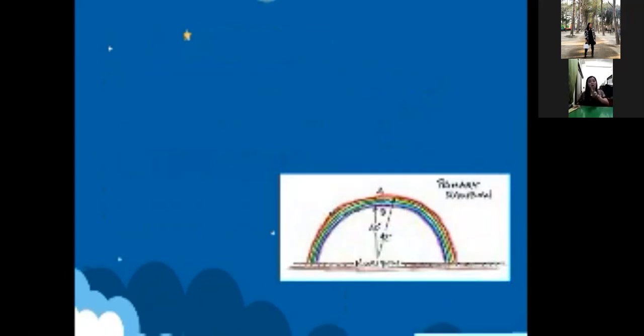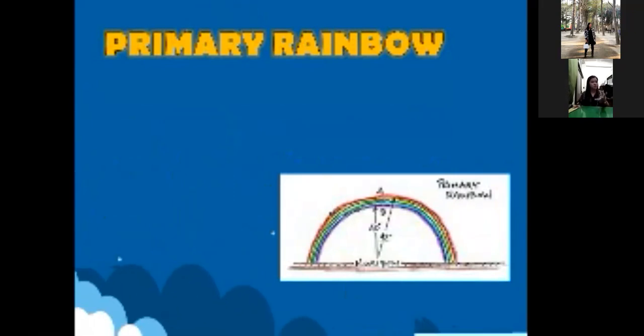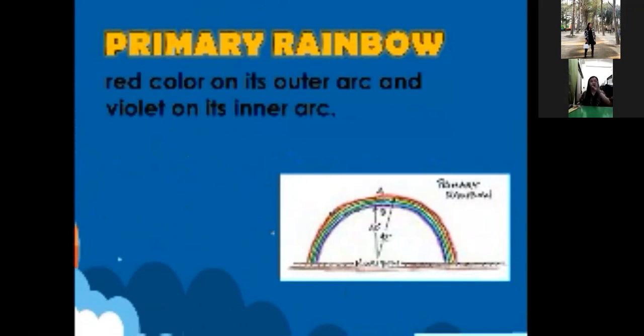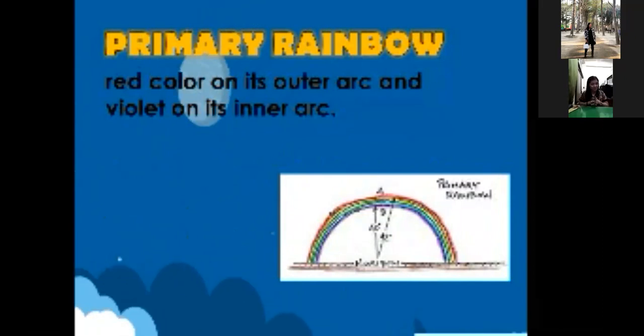There are two kinds of rainbows. First, just like in colors, we have the primary rainbow, just like primary colors, but there's a different definition for it. If we are talking about a primary rainbow, you will see a rainbow whose outer arc is color red, and its inner arc is color violet.